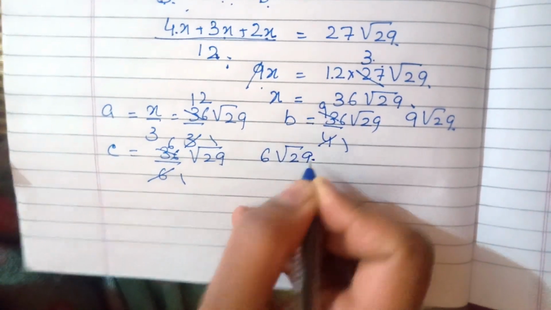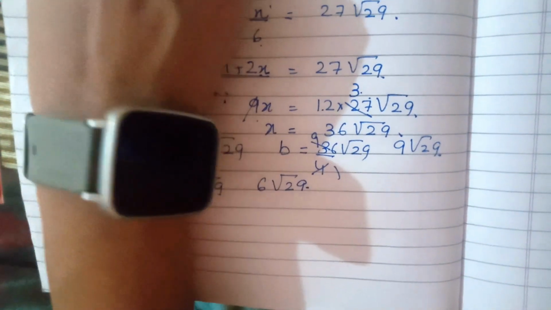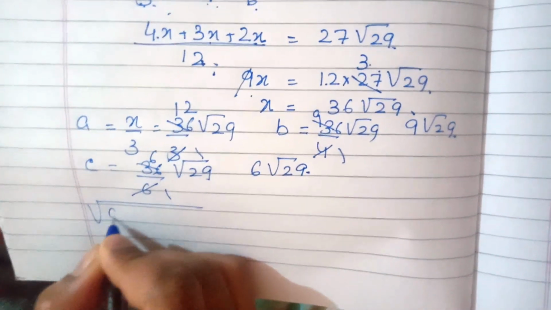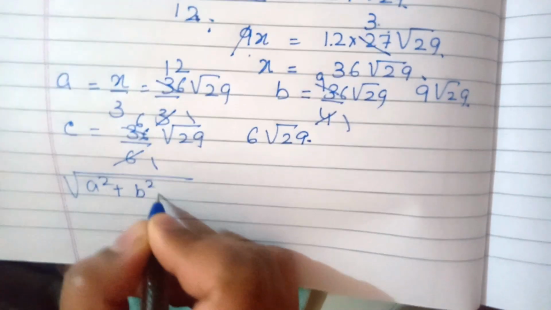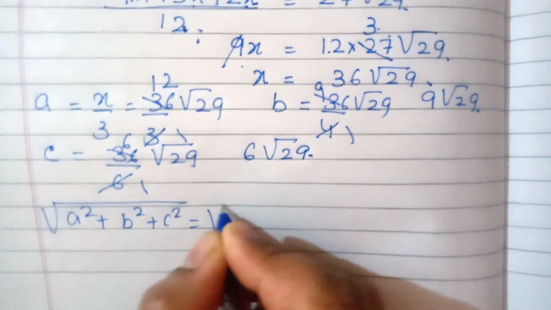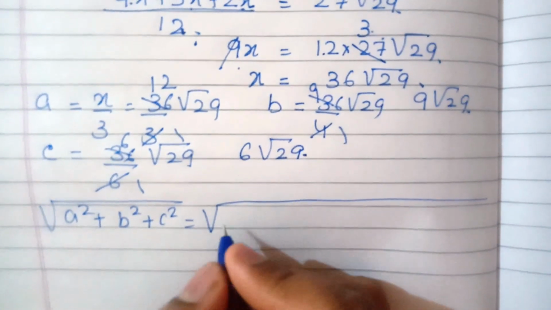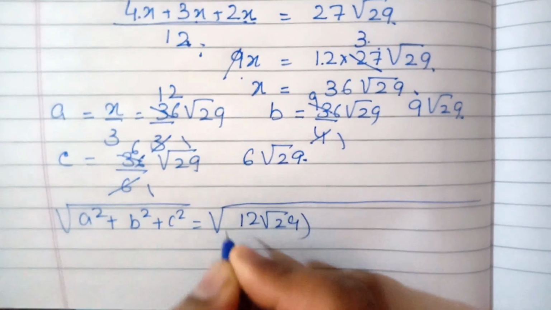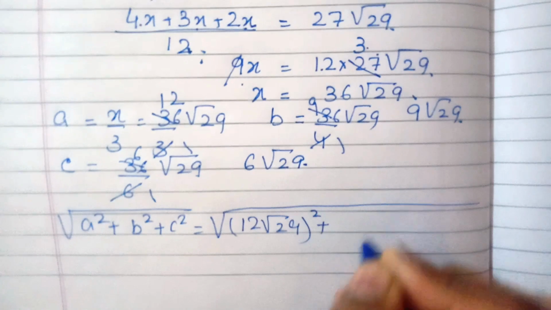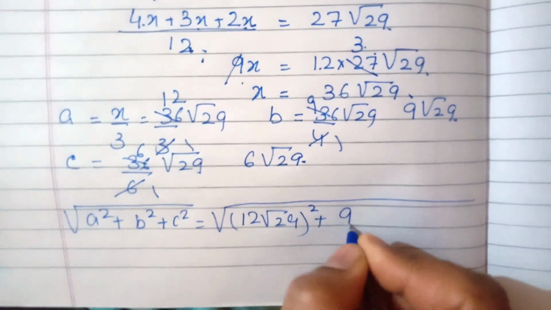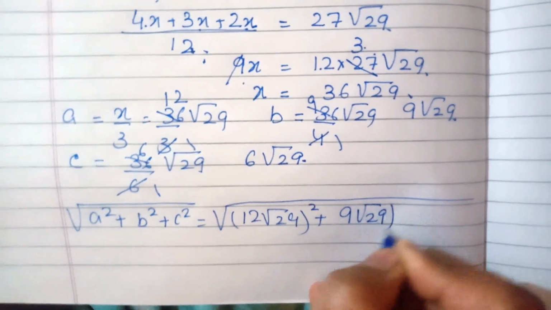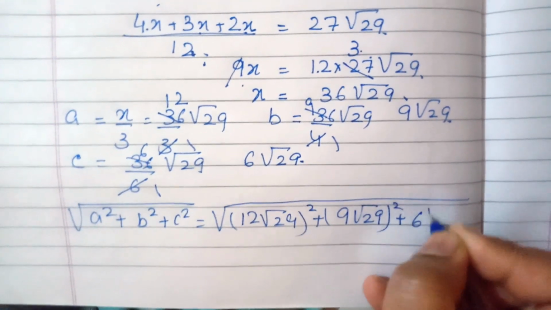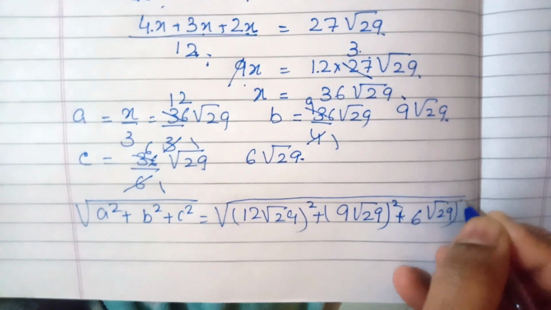Now we have to find the value of under root a square plus b square plus c square. So on putting the values, in place of a we write 12 under root 29 whole square, plus in place of b we write 9 under root 29 whole square, and in place of c we write 6 under root 29 whole square.